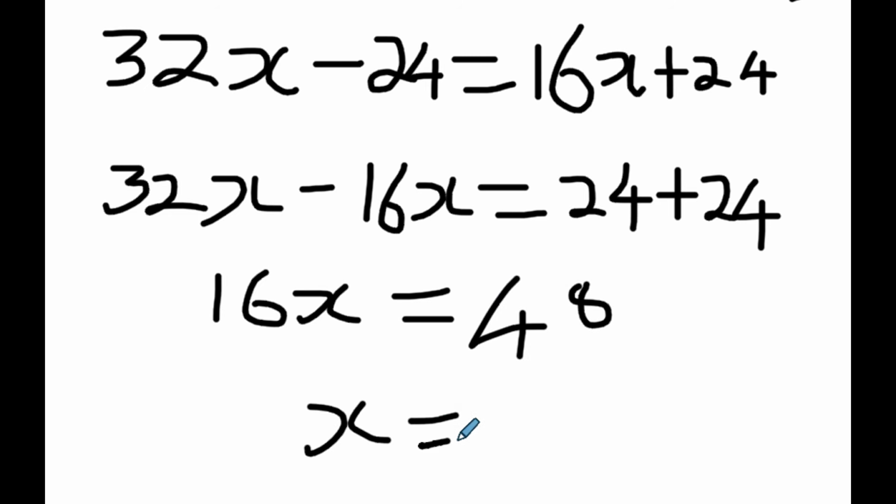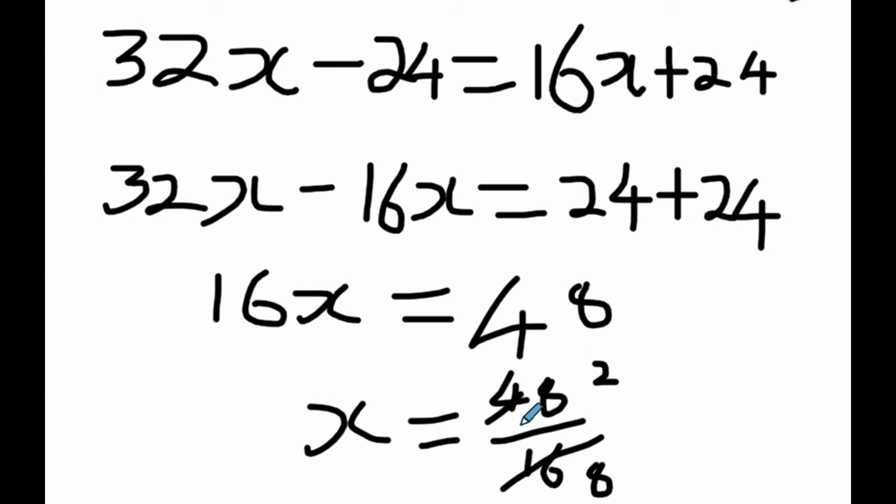So what is x? x equals 48 over 16. So let me divide this by 2. I have 8, 2, 2, 2, 4. If I divide this by 2, I have 4. If I divide this by 2, I have 12.